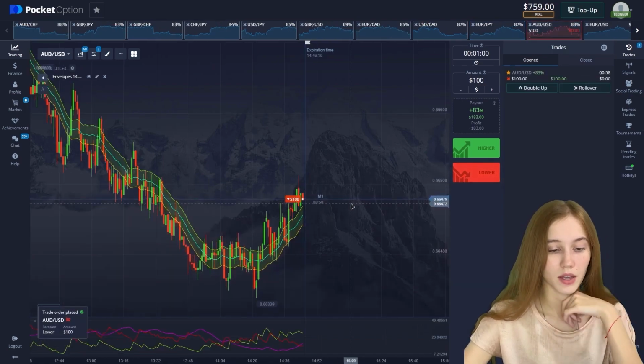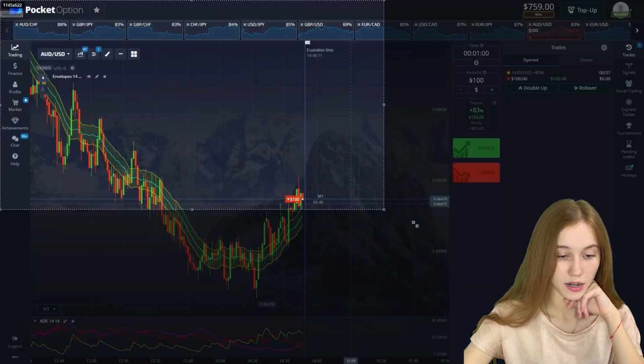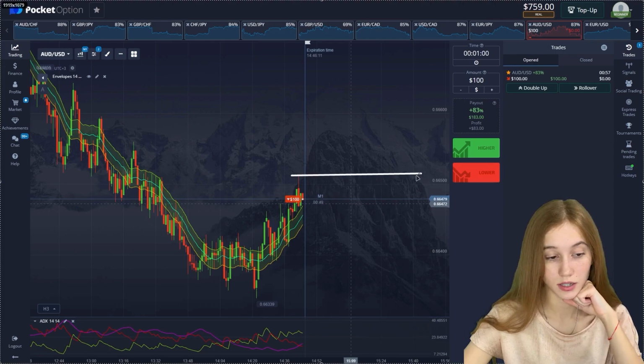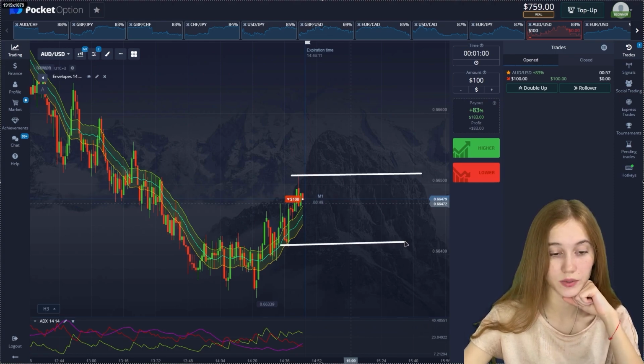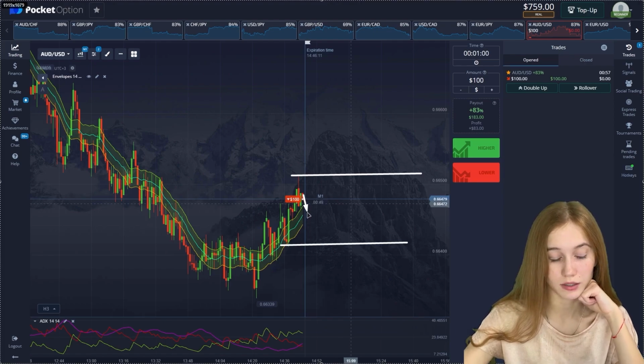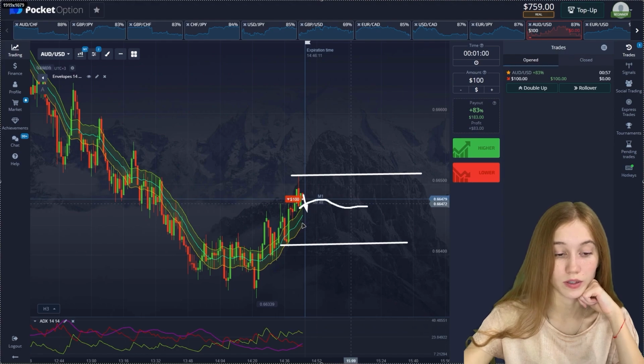So up and down, what we see here. Let's start our analysis. Let's highlight areas of support and resistance. We're growing, we see, and there will be a slight pullback. We will enter within the boundaries we are within.